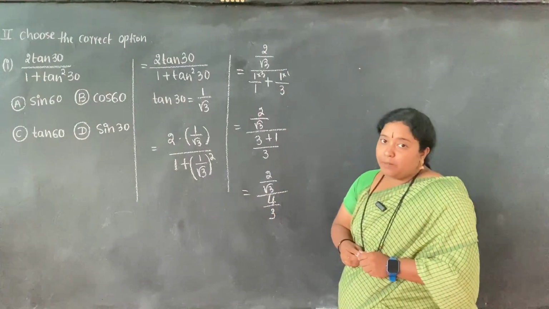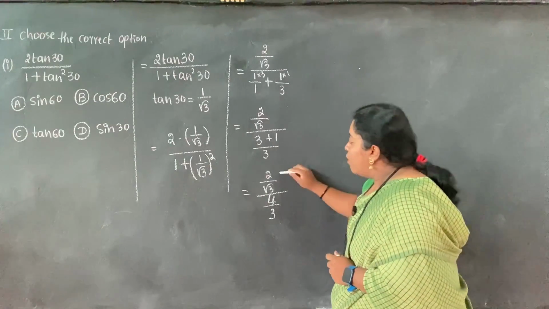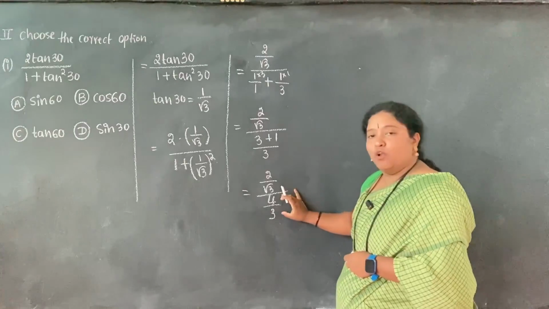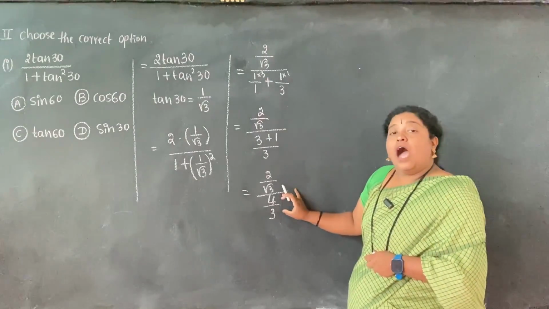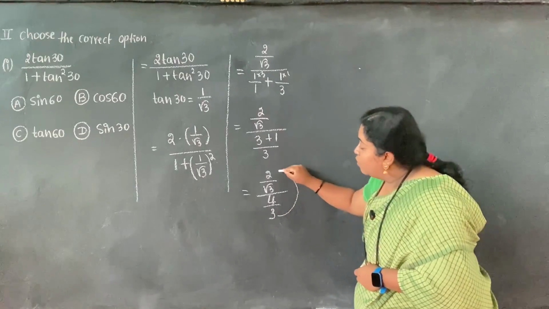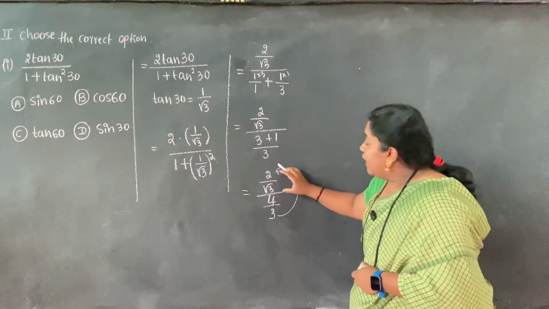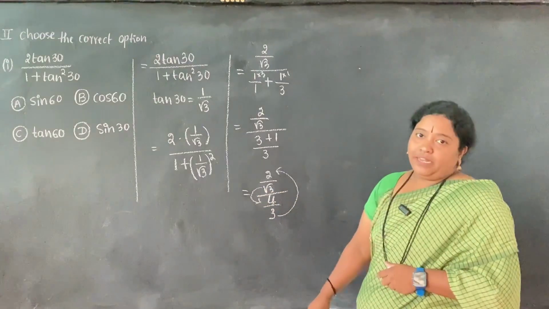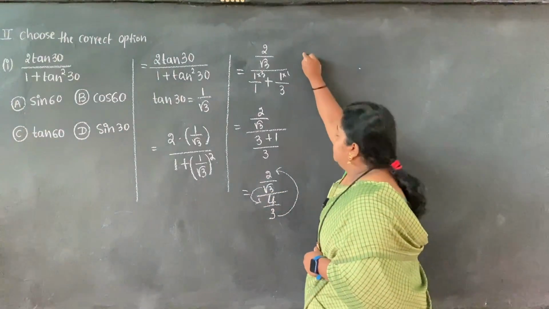And I told you in the previous classes also, whenever in the numerator also there is a fraction and in the denominator also there is a fraction, how to simplify? Denominator's denominator goes to the numerator and the numerator's denominator will come to the denominator. This is how you need to simplify.